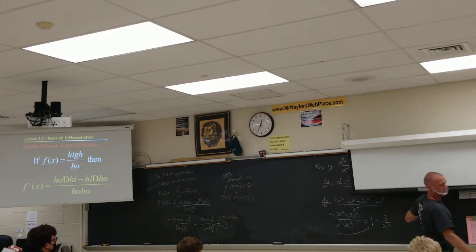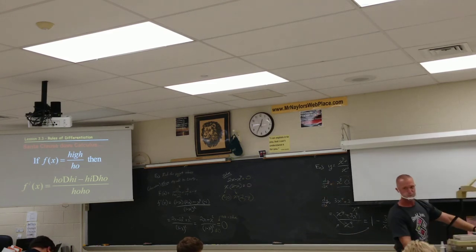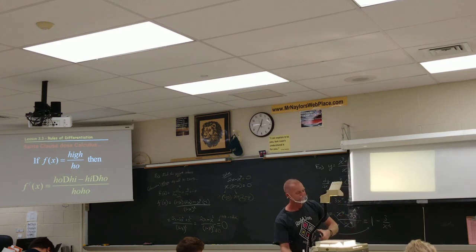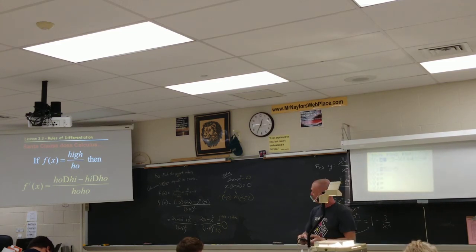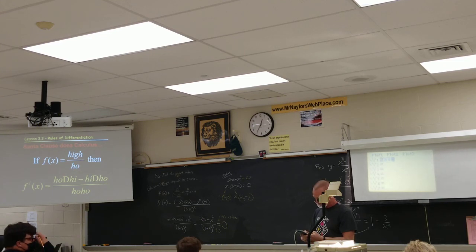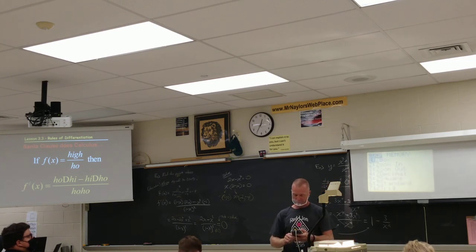I'll try to beat the bell here. Are these 2 points really what they say they are? The original equation was x squared over 1 minus x. I don't expect you to know what this equation looks like without a calculator.